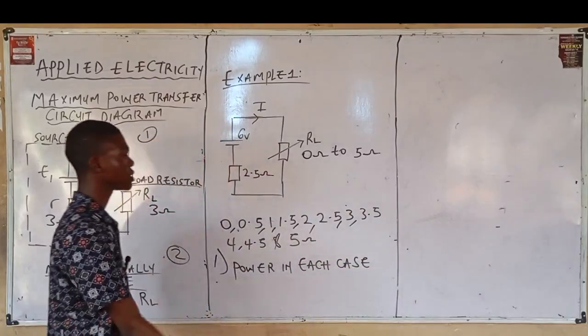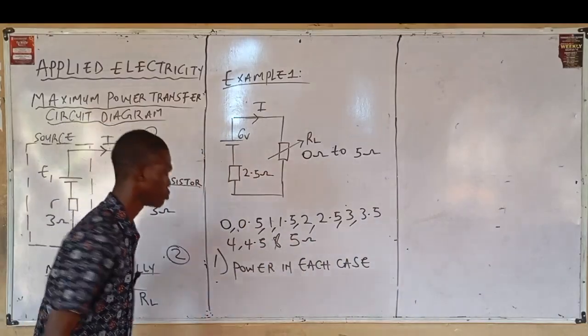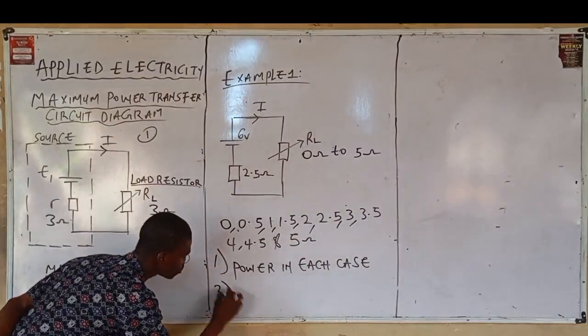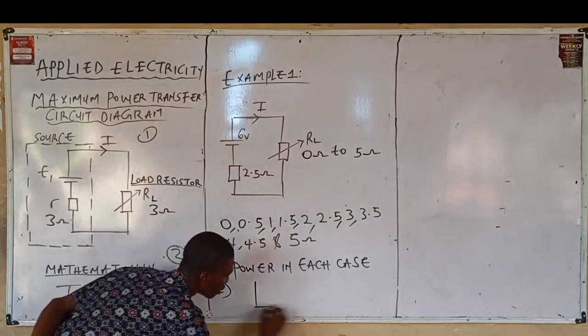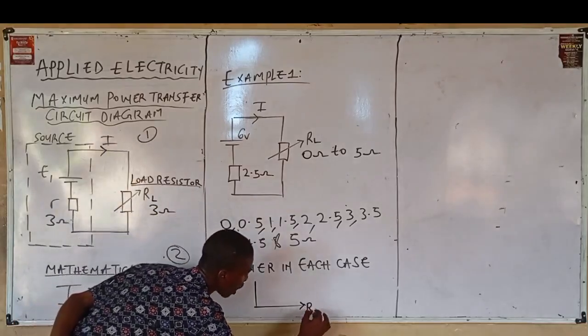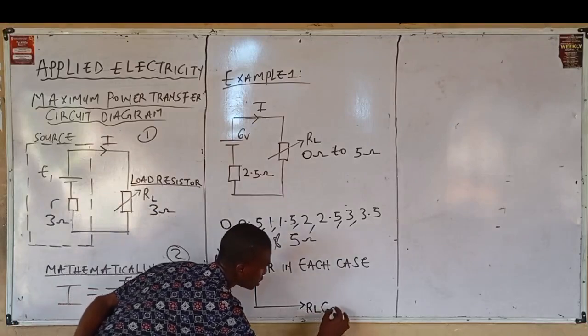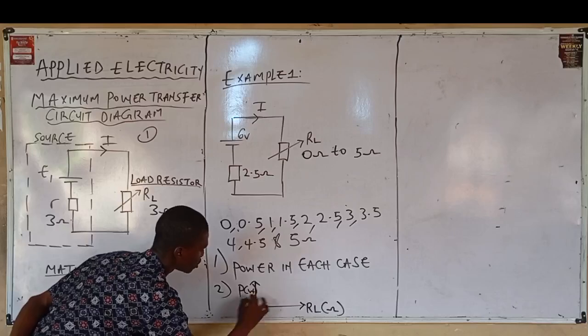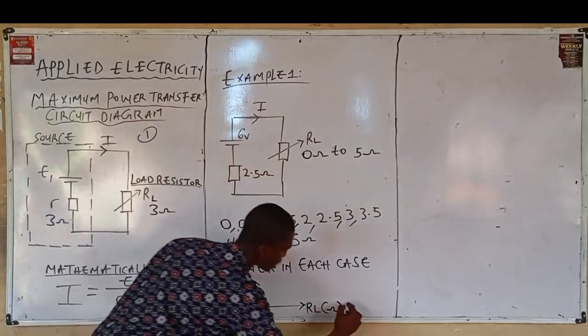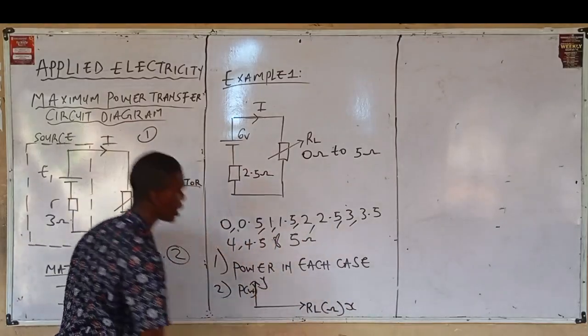Then up to the last value of R, which is what? 5 ohms. That was question 1. Question 2 says plot a graph of the load resistor RL on the x-axis, then P is on the what? Y-axis. This is your x-axis and this is your y-axis.